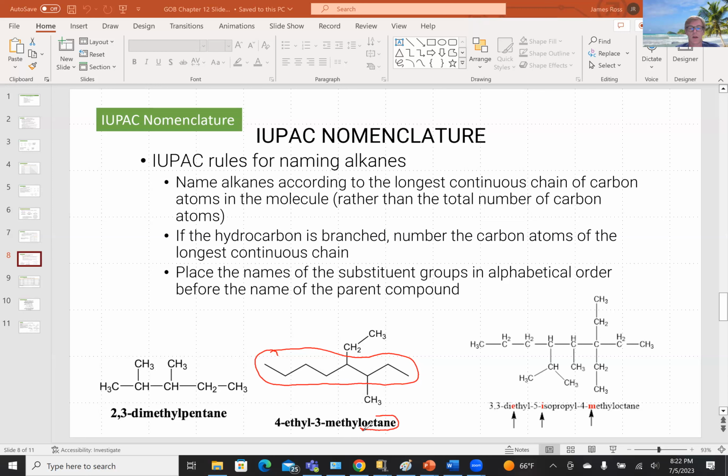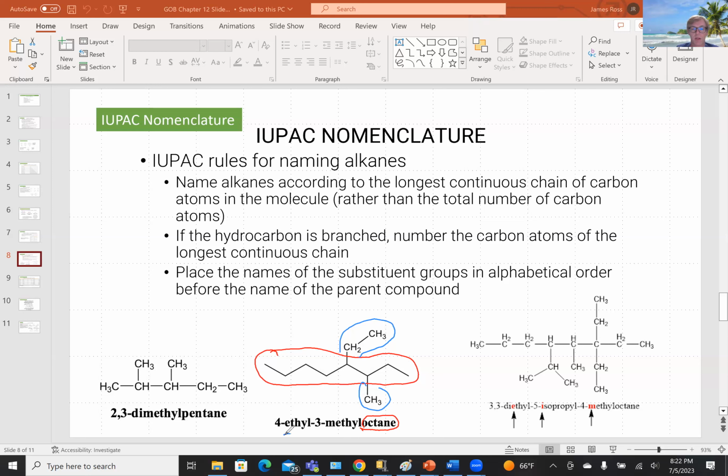So octane is our longest continuous chain of carbon. Then I've got my branch points. That's a branch. And then this is a branch. So I've got a methyl branch because it's got 1 carbon, and I've got an ethyl branch because it's got 2 carbons. So now, because they're different, the convention is reading from left to right, you alphabetize them.